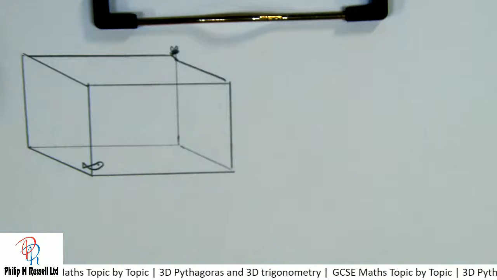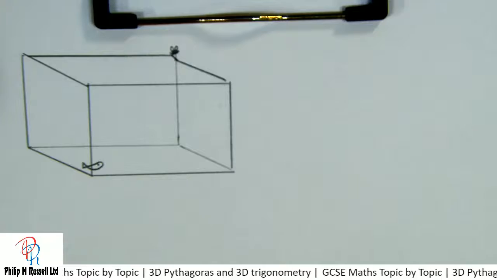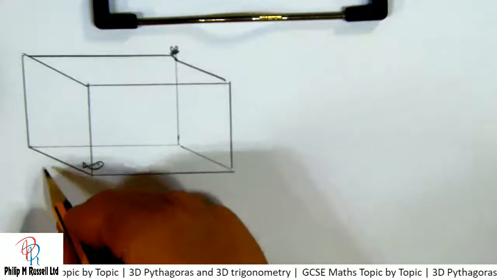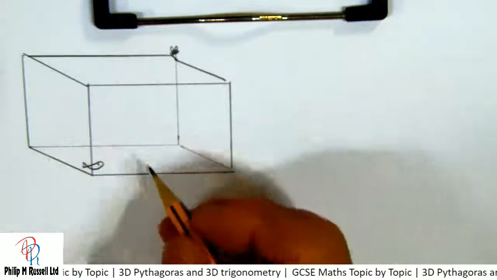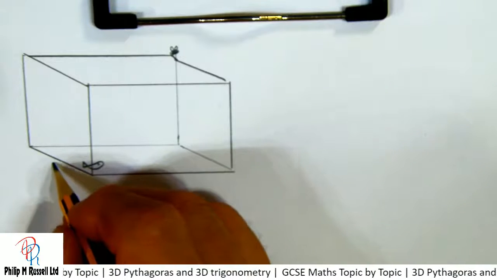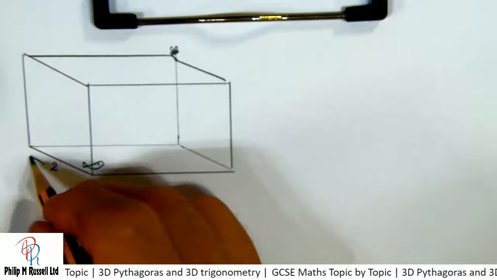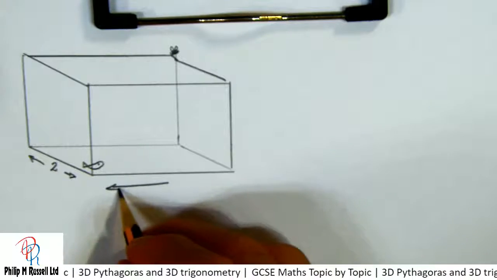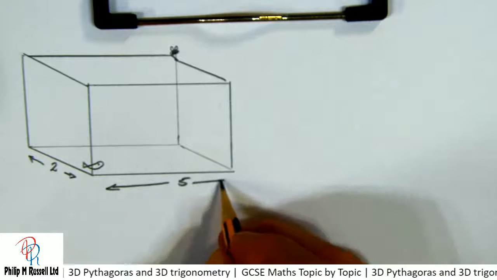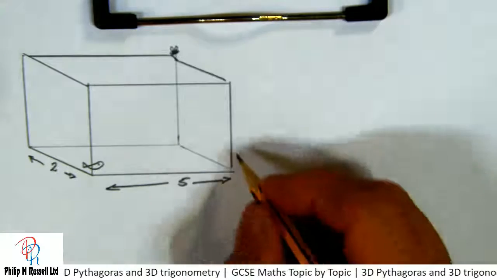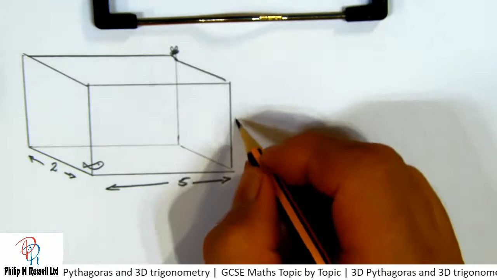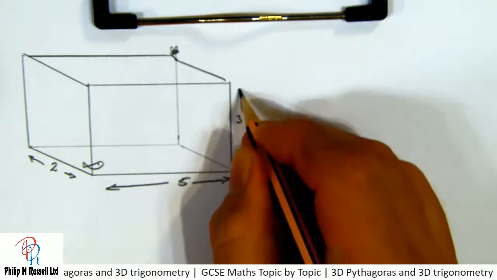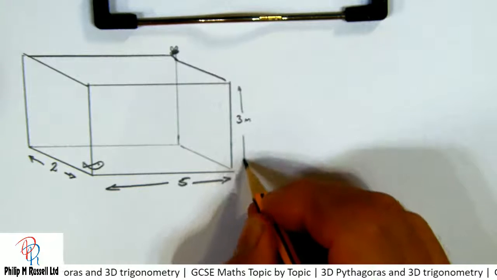And the fish, being a clever fish, knows that this aquarium, and we're going to make it a fairly big aquarium, it's going to be, let's say, 2 meters this side, and we'll have it 5 meters this side, and we can make it, oh, let's say 3 meters up. It doesn't matter really for the size.